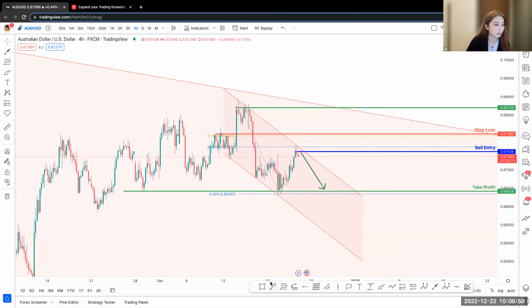The 50% retracement is just nice, where the shadow and the wick of the candles touches the 50% retracement.